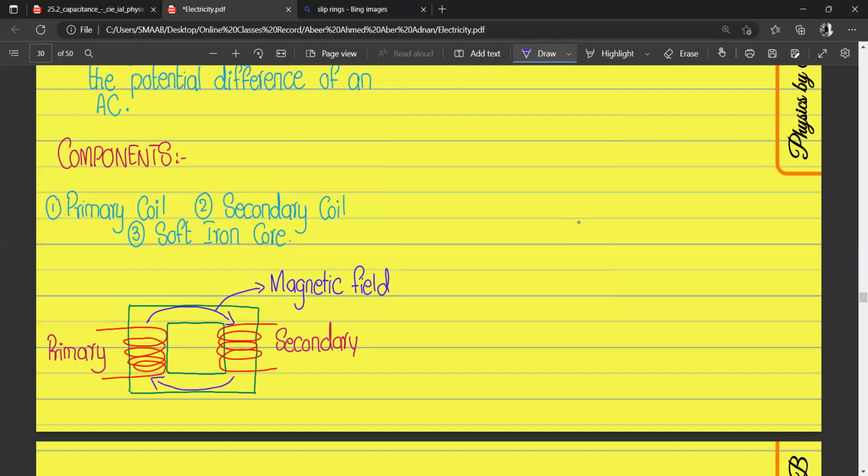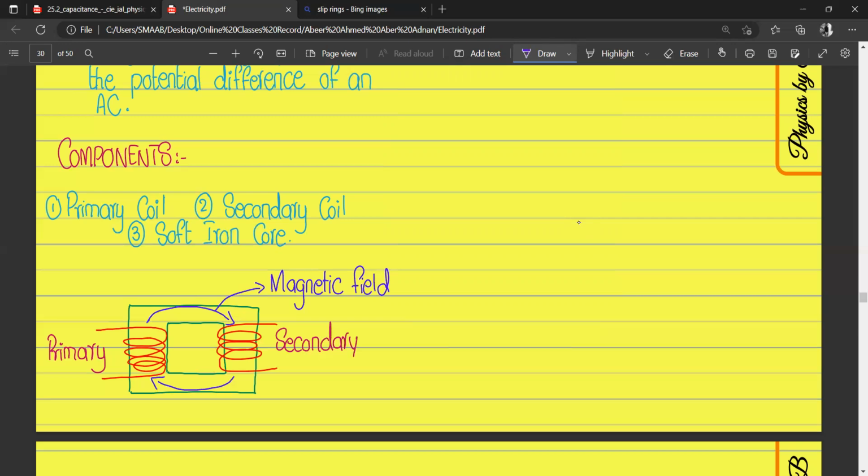and this works like this: current will only flow through the primary coil, right? There will be no connection of electric current through the secondary coil. The electric current in the secondary coil is produced with the help of induced EMF, because there is a change in magnetic field. So due to the change in magnetic field, there will be an induced EMF in the secondary coil.